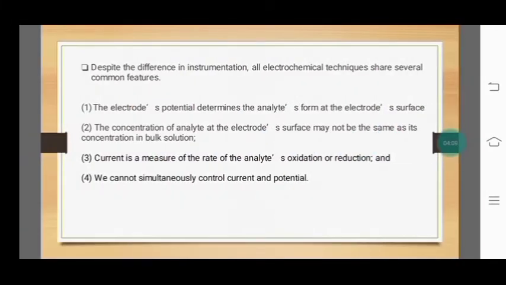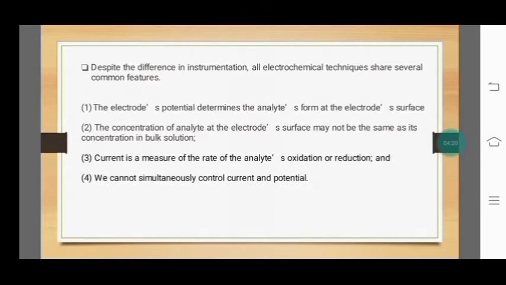Despite the differences in instrumentation, all electrochemical techniques share several common features. First, the electrode potential determines the analyte's form at the electrode surface.